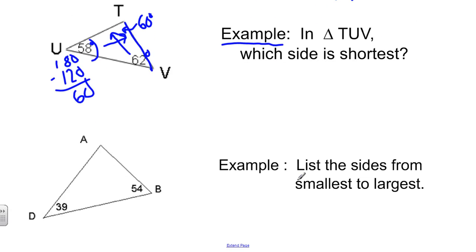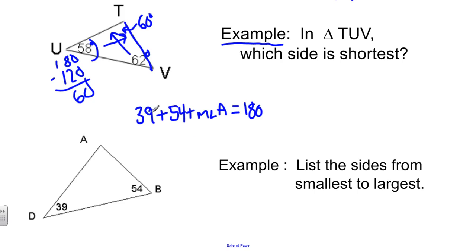All right, next example. We want to list the sides from smallest to largest in triangle ABD. Again, we're only given two angles, so before we start listing any of our sides, we want to find that third angle. So let's add these two up. We know that 39 plus 54 plus whatever the measure of angle A is has to be what? 180. Good.